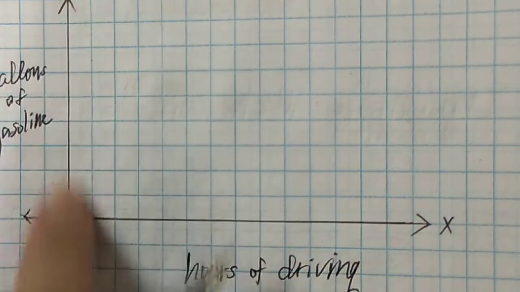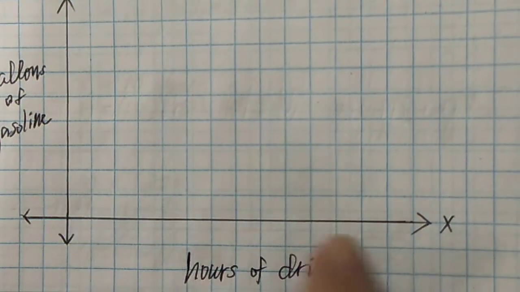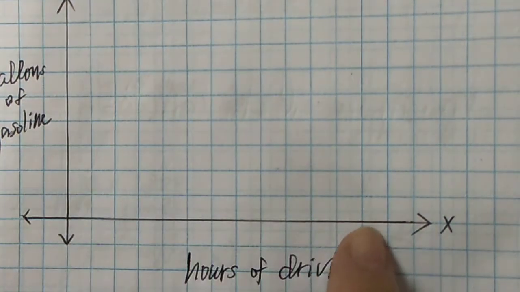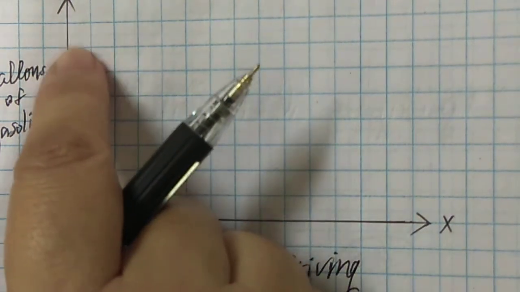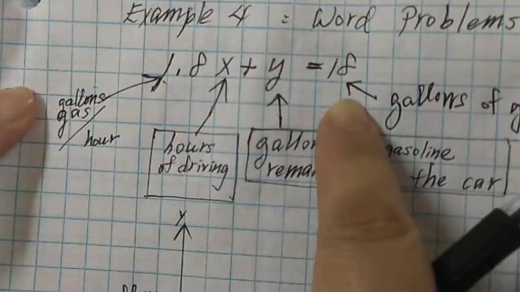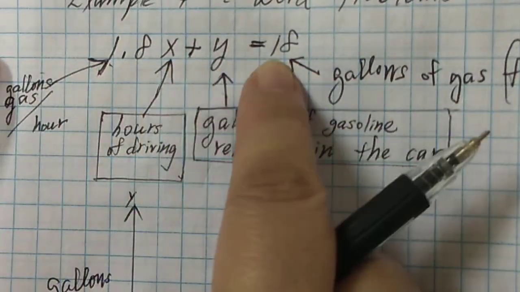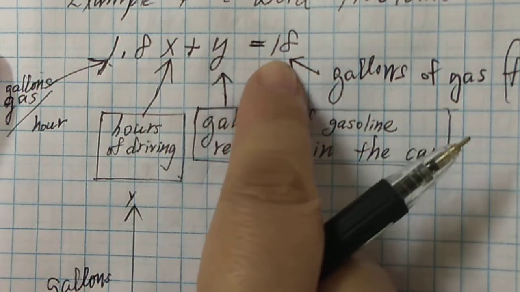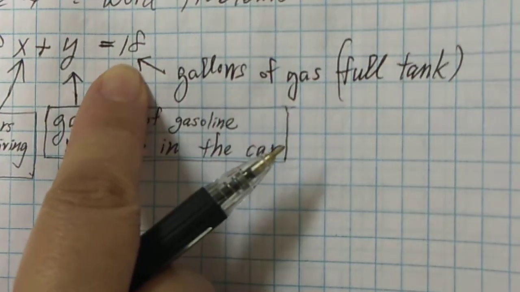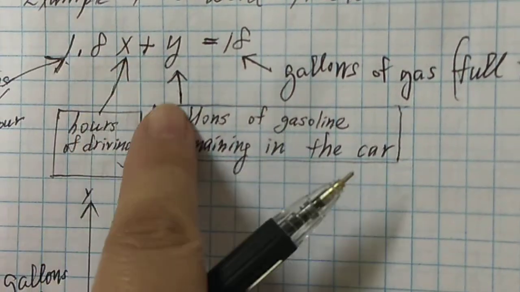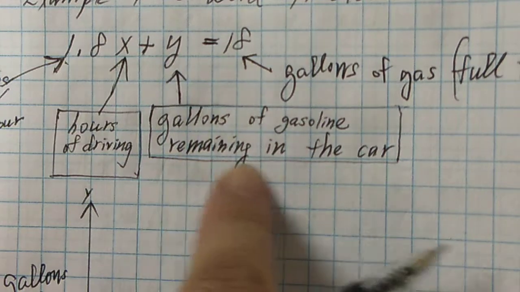So let's figure out what the intercepts are. What is the maximum amount of gas here, and what is the maximum number of hours I can drive? Well, I already know this part, because this equation tells me that 18 is how much gas I have in the tank, the full tank. Meaning, if I did not drive, how many gallons of gasoline would remain in the car?